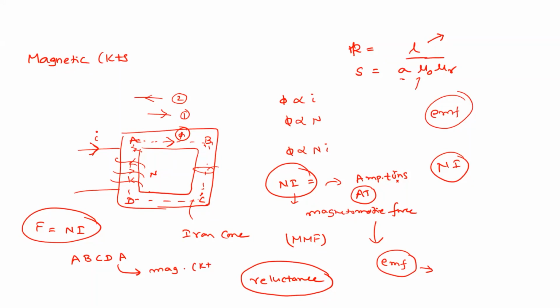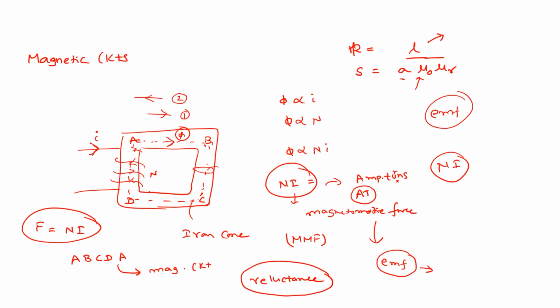So what is mu naught? Permeability. Sir, relative permeability. Mu naught is the permeability of vacuum, right? So what is permeability? Sir, permeability is the property that defines something getting passed.